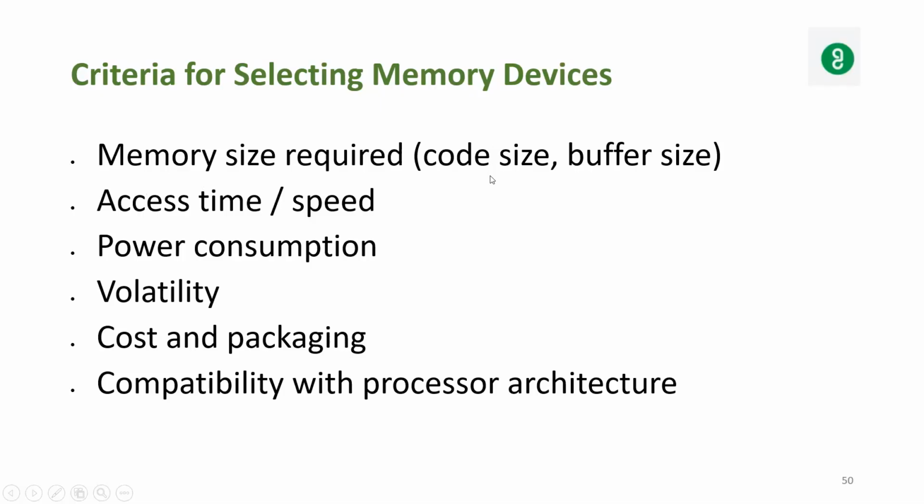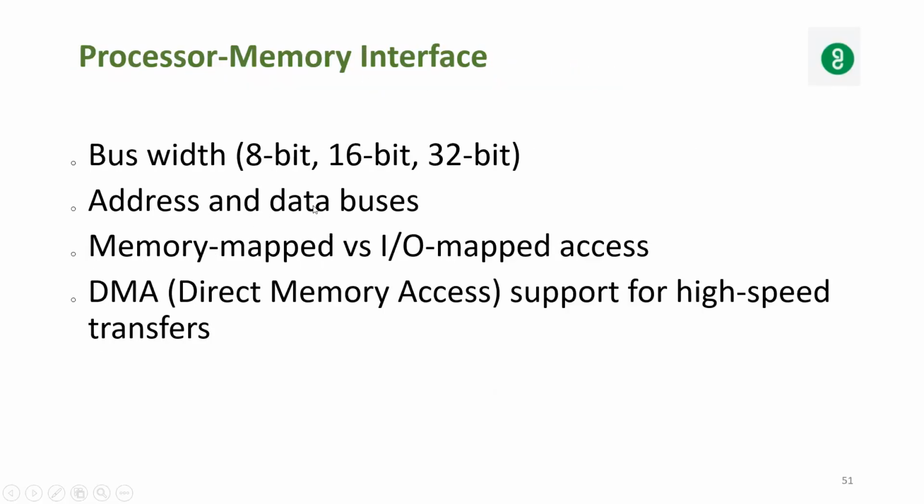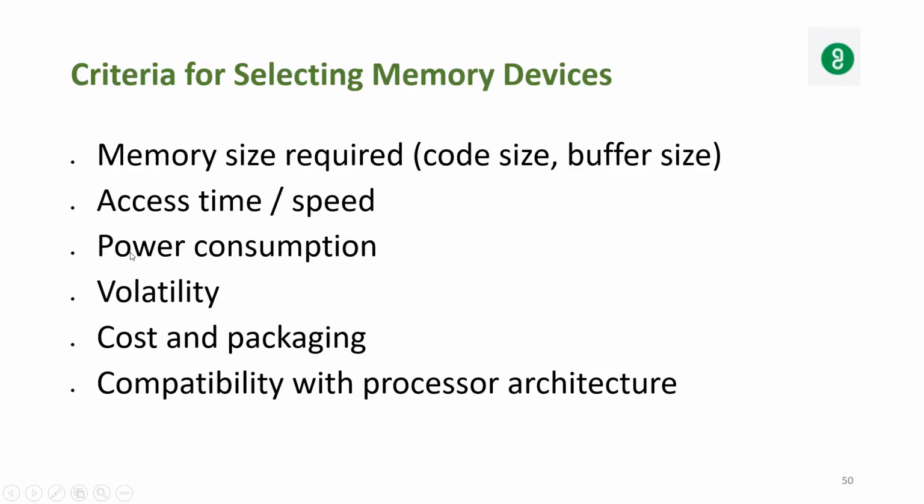Memory size required is the program size or buffer size. And then access time or speed, power consumption, volatility, cost and packaging, and compatibility with processor architecture. Access time is the time required to take the data once you feed it, and you will calculate that as speed.